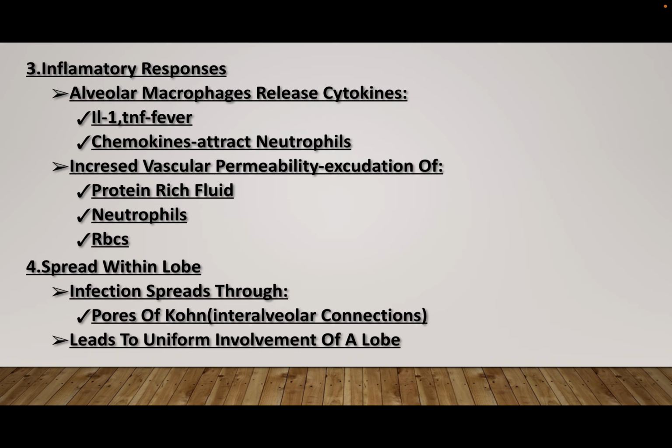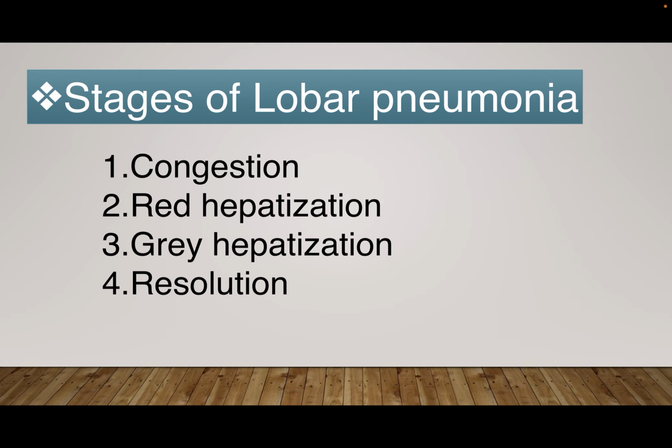Then the infection spreads within the lobe through the intra-alveolar connections, the pores of Kohn. This leads to the uniform involvement of a lobe.